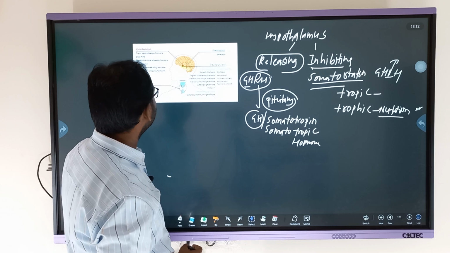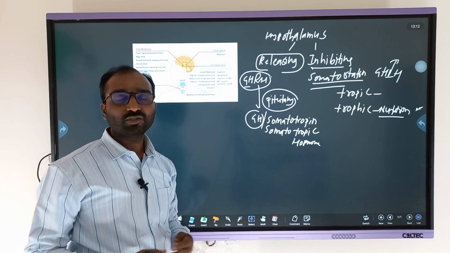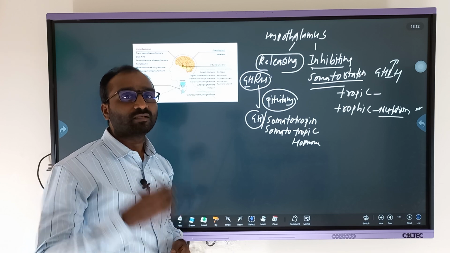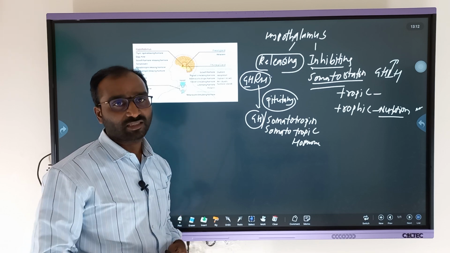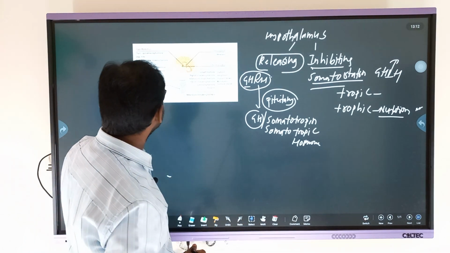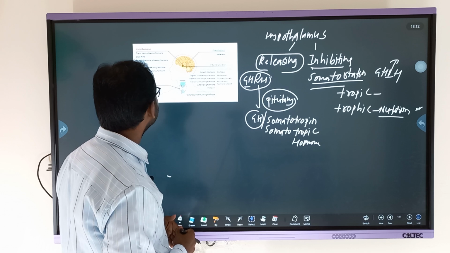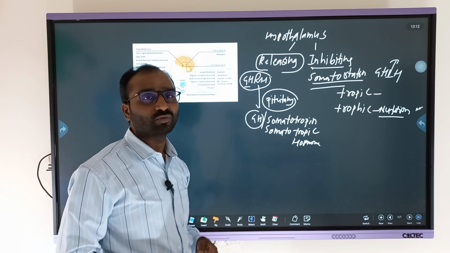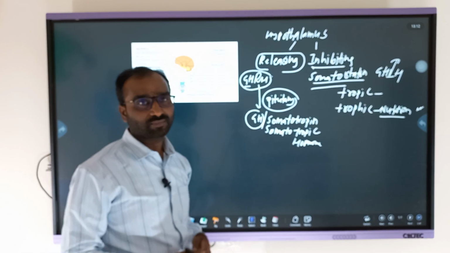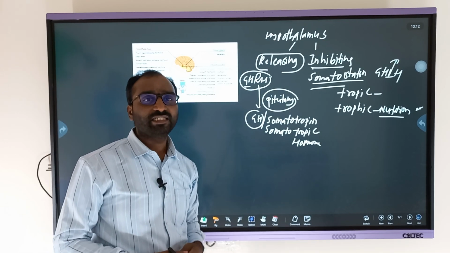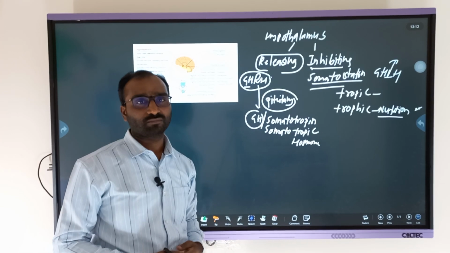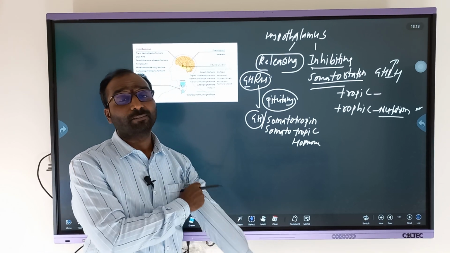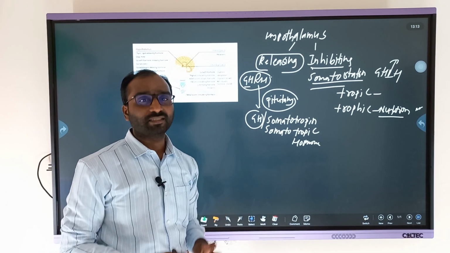If you check, corticotropin releasing hormone helps to release the ACTH hormone. The next one is gonadotropin releasing hormone. Am I clear? Thyrotropin releasing hormone stimulates the pituitary to release TSH, thyroid stimulating hormone, and to release thyroxine by the stimulation of the thyroid gland.